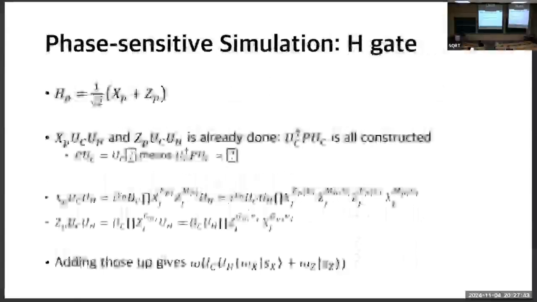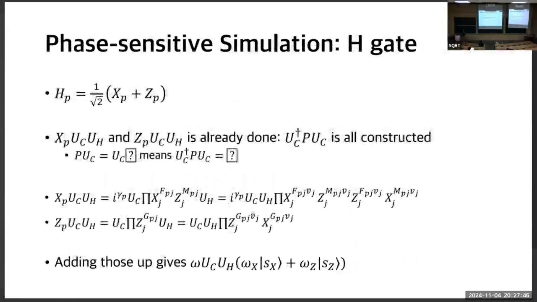So actually this is more like a commutator, because if we have X_P UC, then we can change it to UC and what? So the question mark here: we have Pauli gates applied to UC, but we need to have UC at the front. So we need to change the order, and that order change is already constructed by UC dagger P UC.